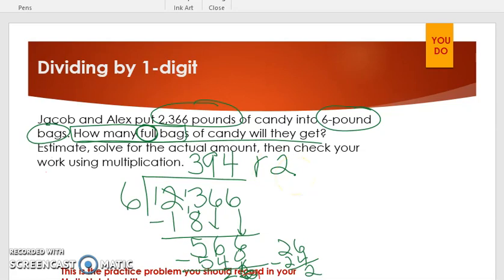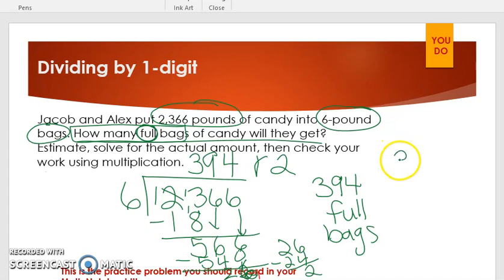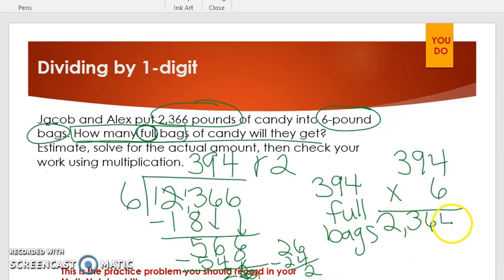So if we are looking for the amount of full bags, we're going to have 394 full bags. And then you can check your work using multiplication by multiplying 394 times 6, and you will get 2,364, and you notice that here it says 66, that is your remainder of 2.